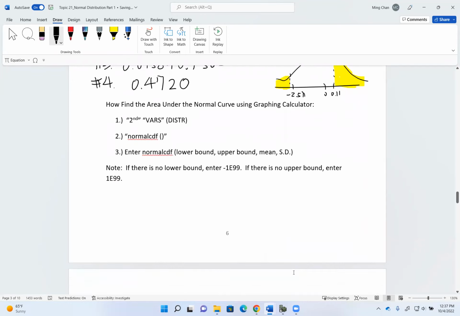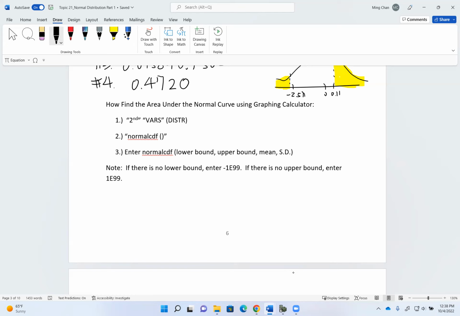All right, using a calculator is a little bit easier, but we gotta type it in there. So when it comes to finding the area under the normal curve or the probability using a graphing calculator, we're gonna be looking for second vars, which is looking for the word distribution, and select normal CDF. And once I select normal CDF, what I type inside the parenthesis is lower bound, upper bound, mean, and standard deviation.